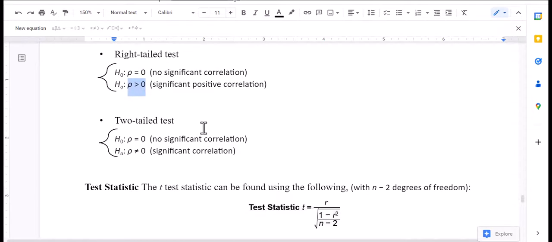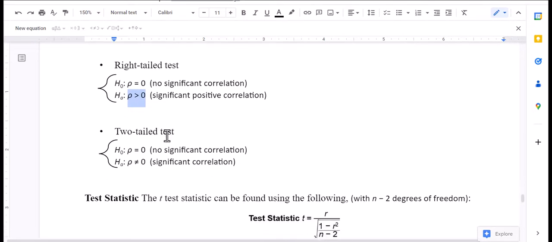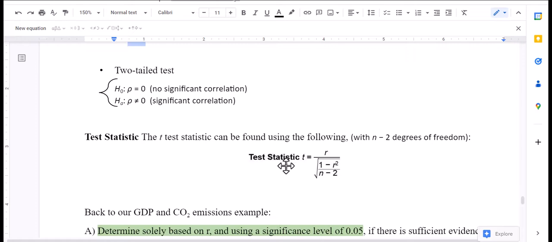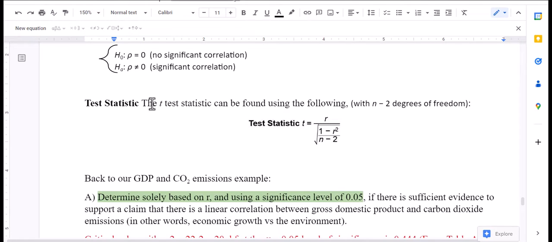So to do a hypothesis test, we need a test statistic so that we can find a p-value. The way that we find the test statistic is a t test statistic, and we find it by using the sample correlation coefficient, r, divided by the square root of 1 minus r squared over n minus 2, which is our degrees of freedom.